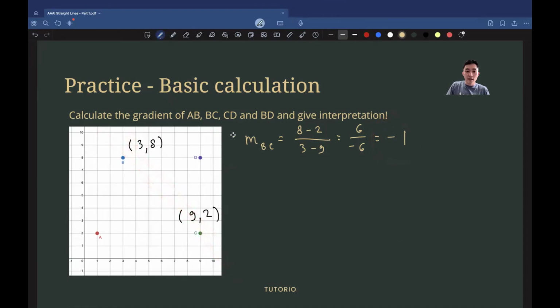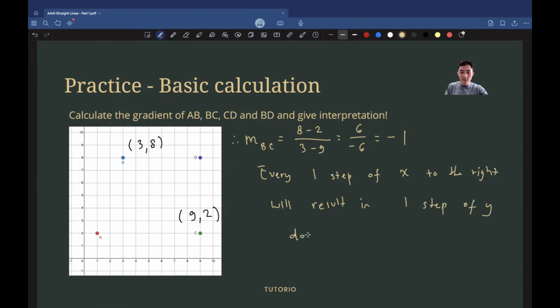The interpretation we can give here is that every 1 step of x to the right will result in 1 step of y downwards. You can take a look here.